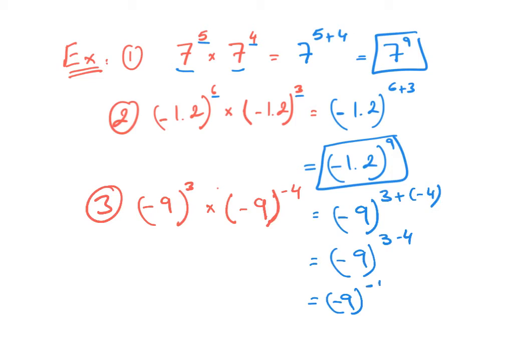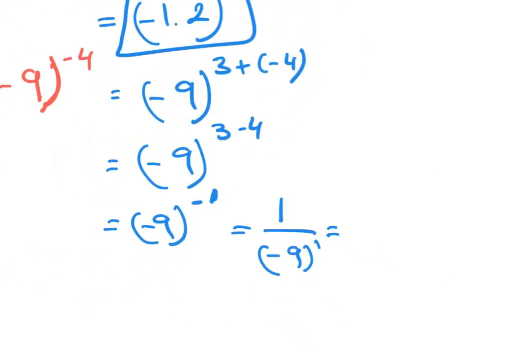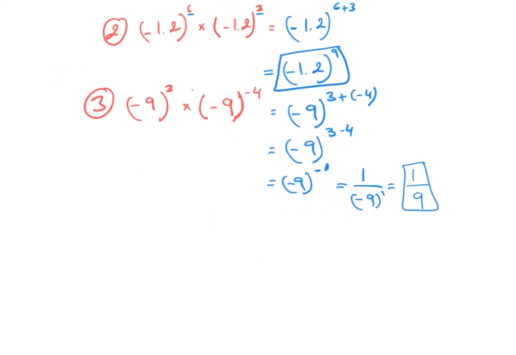So it's going to be negative 1 here. And we're never going to leave our answer as a negative exponent, so we need to change this to a positive exponent. We change it to a fraction, 1 over negative 9 to the 1st power. And we can remove the 1 there. That would be 1 over negative 9, and that's going to be the answer.